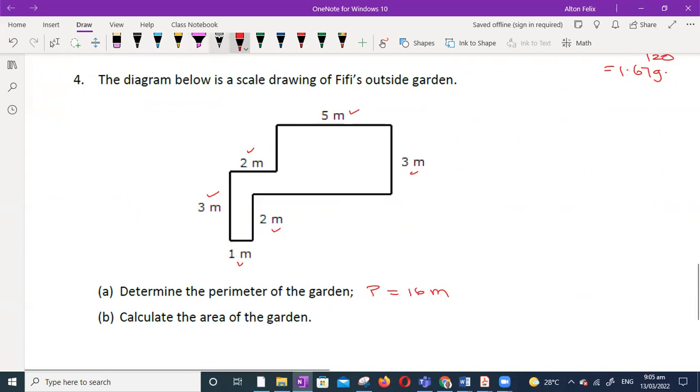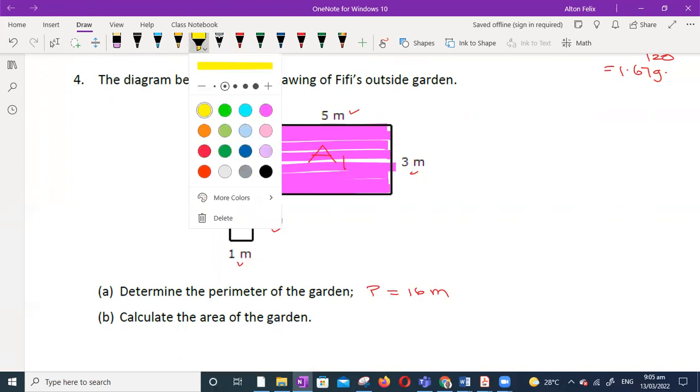If we're going to calculate the area, let us divide this into rectangles. Let's draw the first rectangle there. We can put a line coming down right here, and we're going to call this first part of the garden area 1. Then we cut off a little piece here, and let's call that area 2.